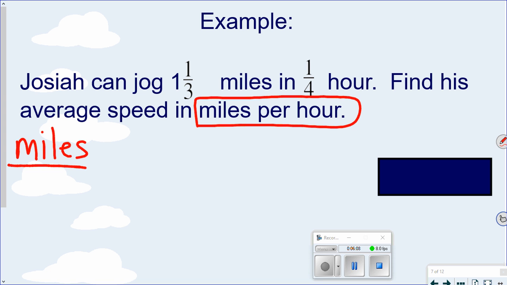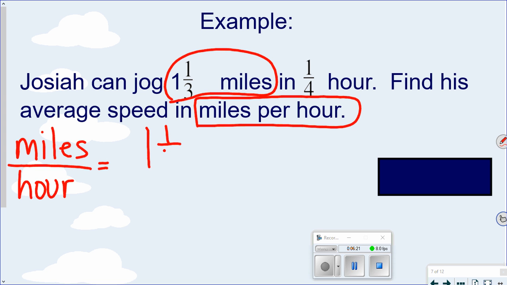Miles per hour. Let's look into the problem and fill in what we know. Well, right here, I see how many miles. It looks like 1 1/3 miles. So that is my numerator. And the hours, it says, is 1/4 hours. So that is my denominator.